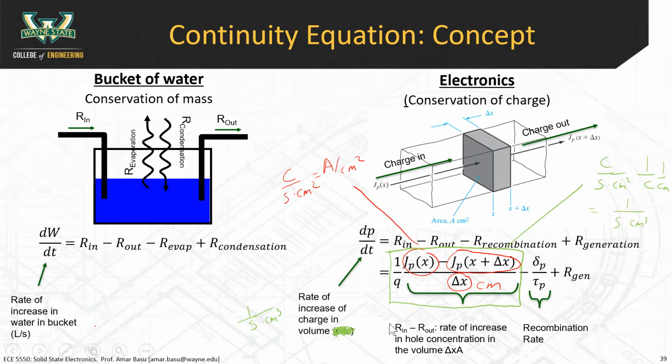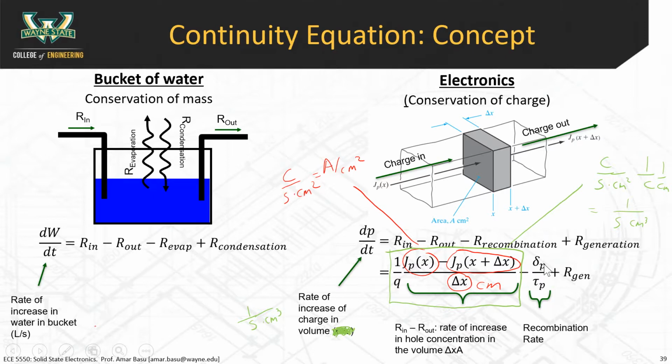Notice that in this example, we are just talking about holes. We talked about Jp of x, Jp of x plus delta x, and we're talking about sigma p divided by tau p. We're just doing holes right now, but the same exact thing will apply to electrons as well. We're just picking holes arbitrarily.